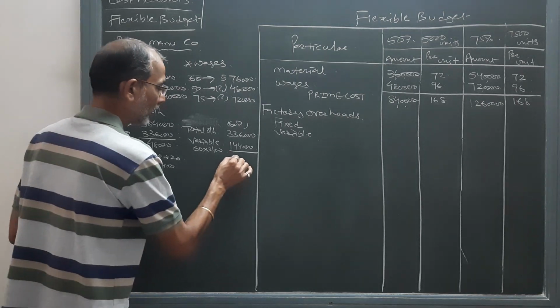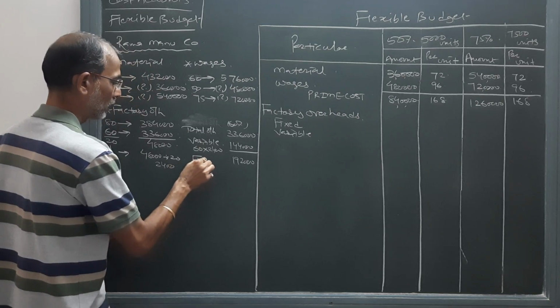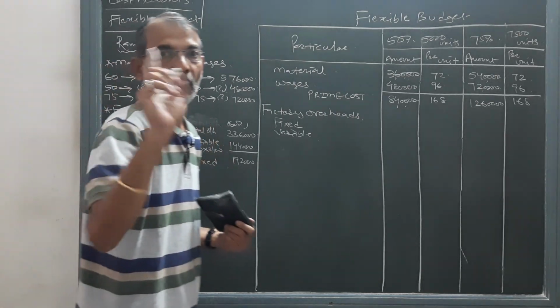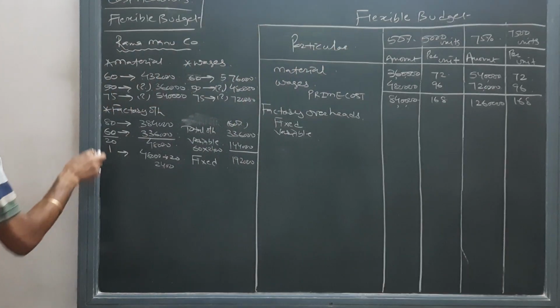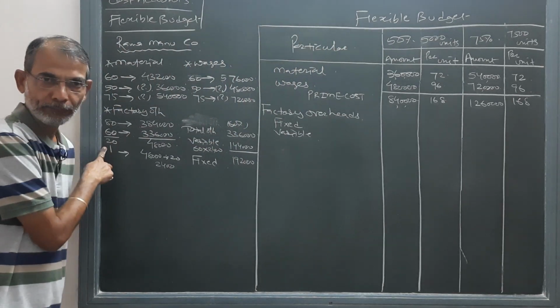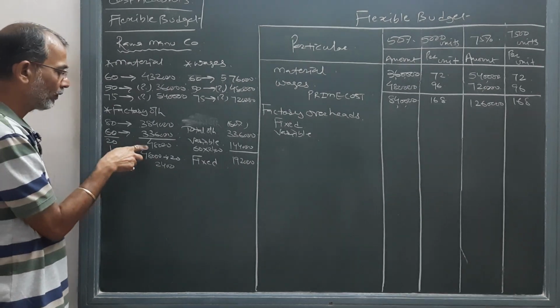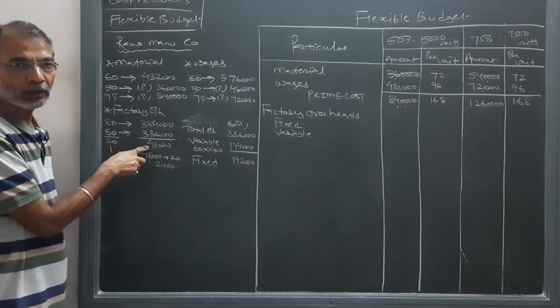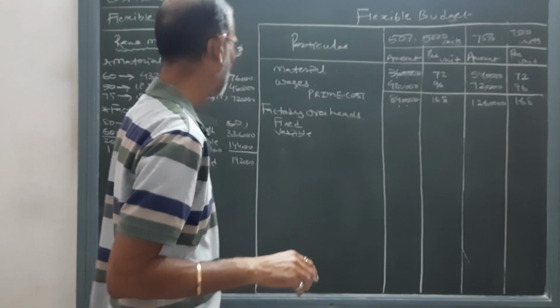So 1 lakh 92,000 will be fixed factory overheads. How did I do it? First of all, you have to find the difference. The difference is 20%, while the figure difference is 48,000. That means for every 1%, variable overheads are 2,400.